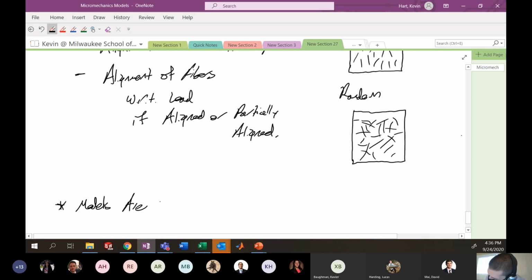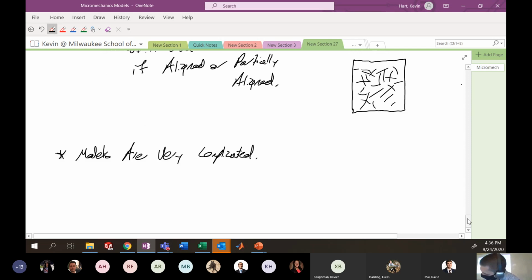Models are quite complicated. We'll present general ideas, but omit full derivation.